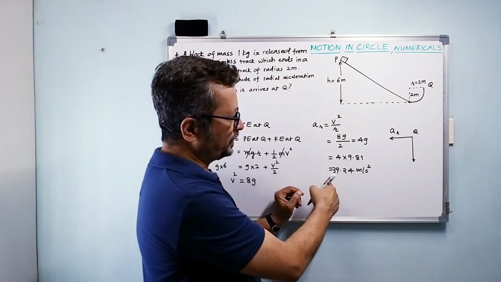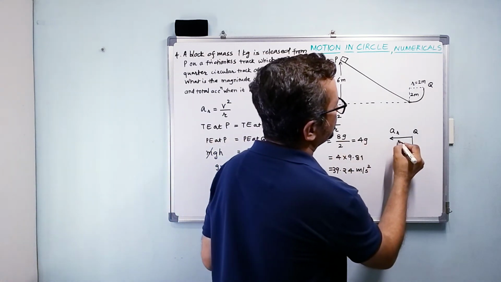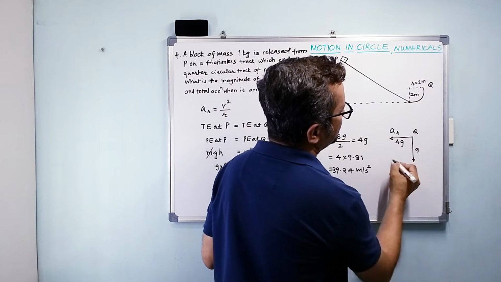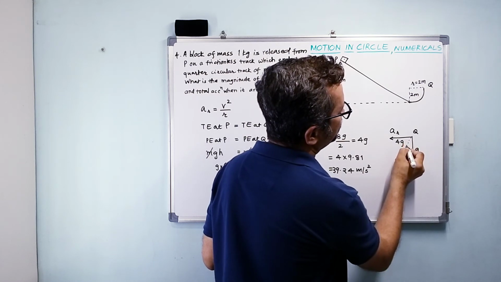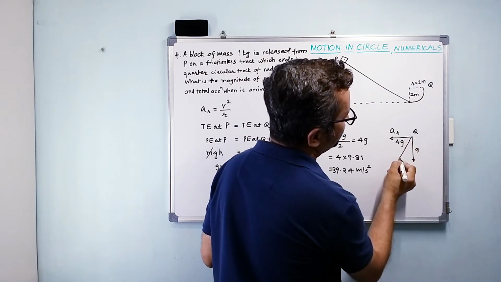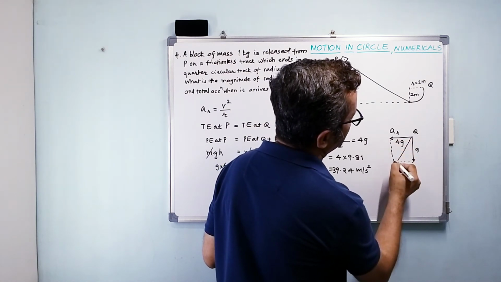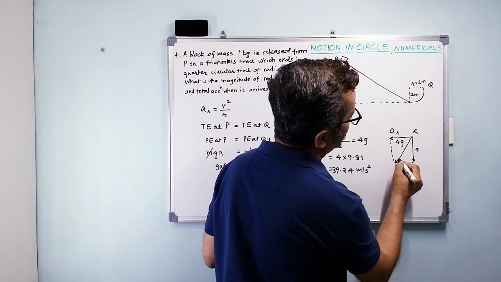So if this is 4g and this is g, then your resultant acceleration would be acting somewhere here. You would be just completing this parallelogram, right?